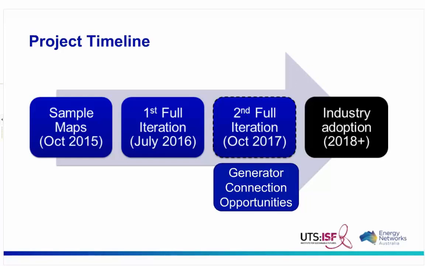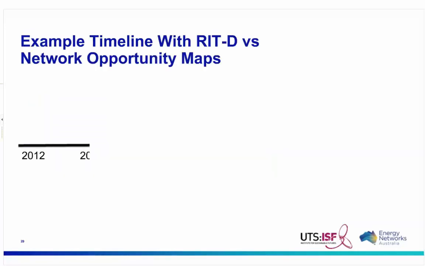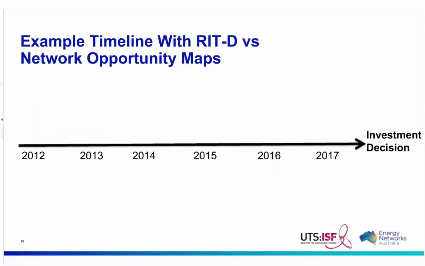So what we're trying to do here is influence the way that information is able to help the market operate. This is an example timeline comparing the regulatory investment test for distribution with the network opportunity map. Say you have a 5-year time horizon with an investment decision in 2017. Under a traditional RIT-D process, a request for tenders for non-network services comes out prior to that investment decision.